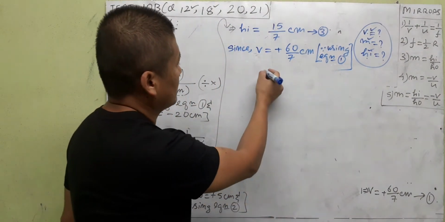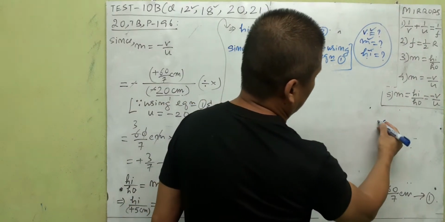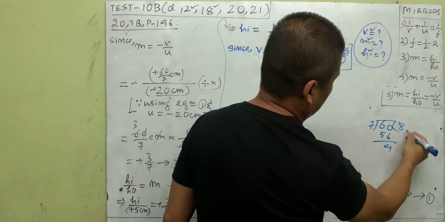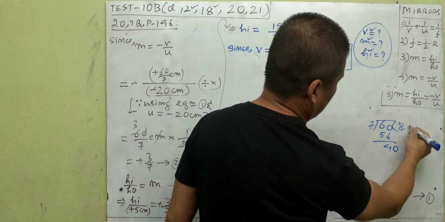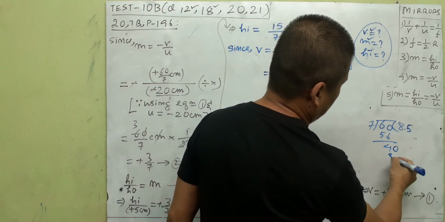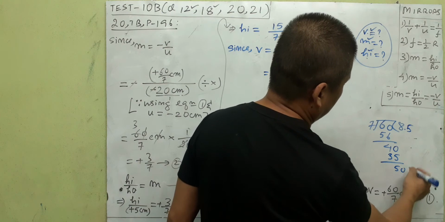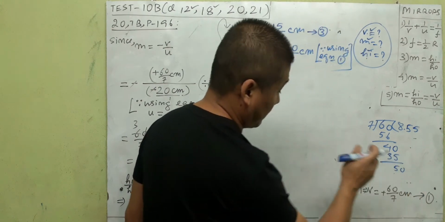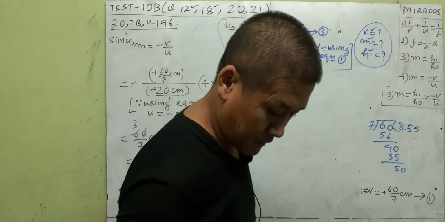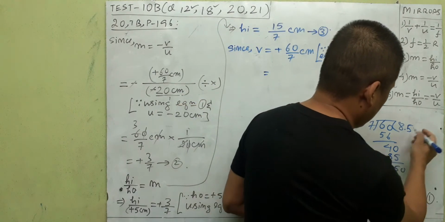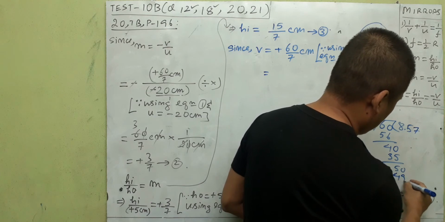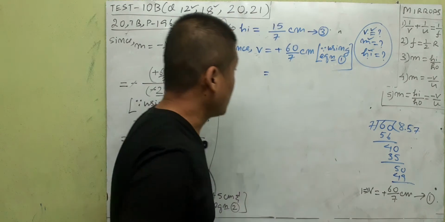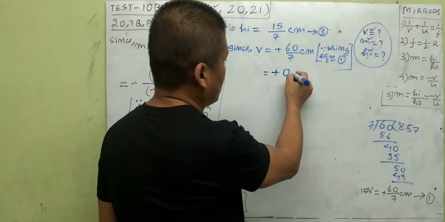So now we can divide this 60 divided by 7. 8 7s are 56, 4, no more digits so 0. 5 7s are 35, then 5, 0. 7 7s are 49. Okay, 56, 4, 5, 35, 5. So we're getting here plus, up to second place is what your textbook is doing.